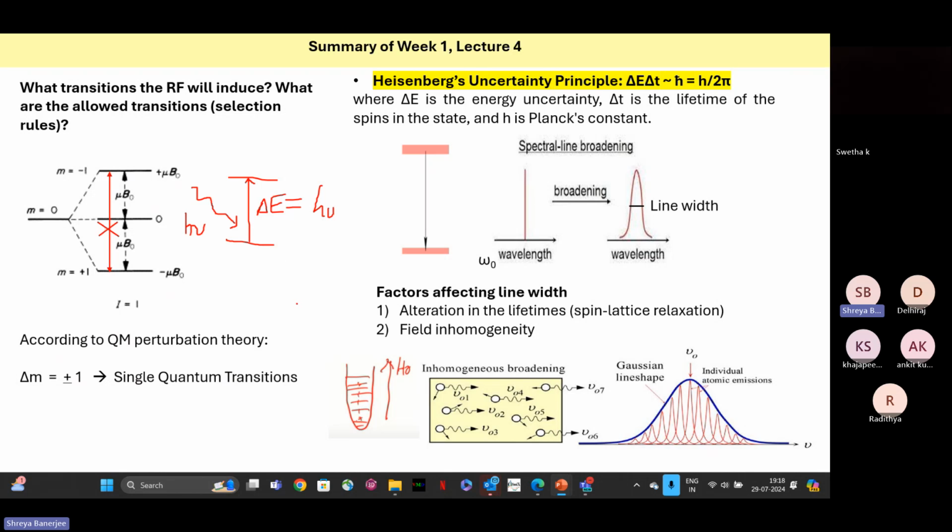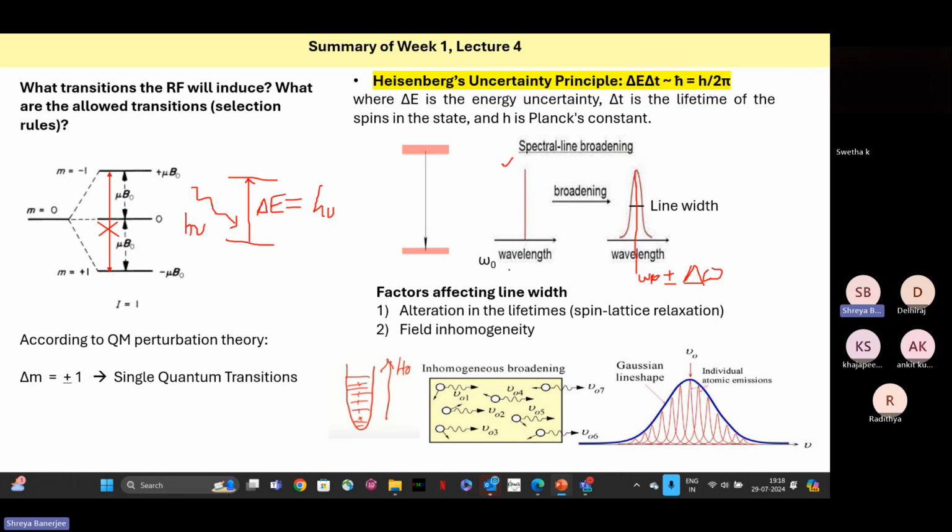So you would think the NMR signal will be very sharp, corresponding to a single frequency. But in reality, a broad signal is obtained. The middle of this broad signal is your omega naught, but you actually observe omega naught plus or minus delta omega. So you observe a certain line broadening.